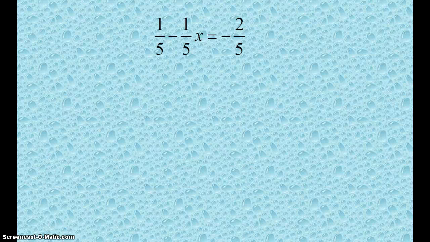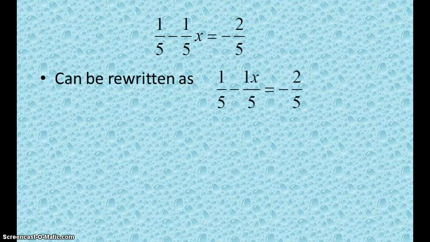All right, so let's take another example. So now I have 1/5 minus 1/5 times x is equal to -2/5. And I want to figure out the value of x that balances this equation. And what's really bothering me is that x, I'm just not really sure what is 1/5 times x. So we're going to rewrite it. Remember, we can just bring that x right up to the top, and let's rewrite this as 1/5 minus 1x over 5, and suddenly that makes more sense.